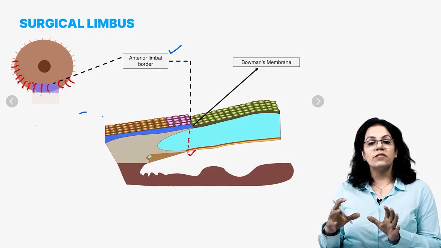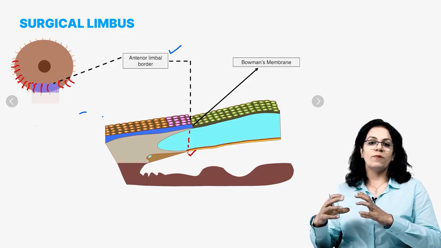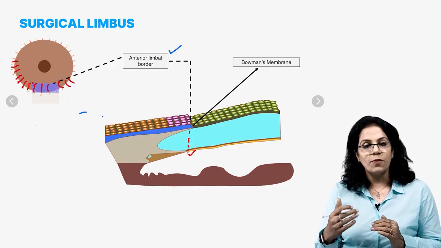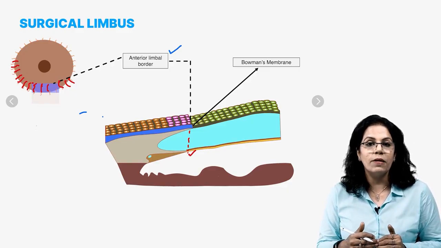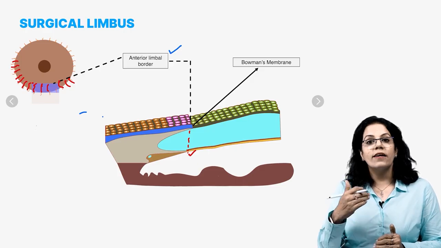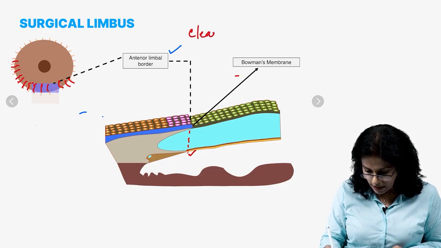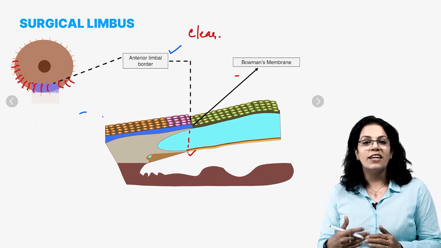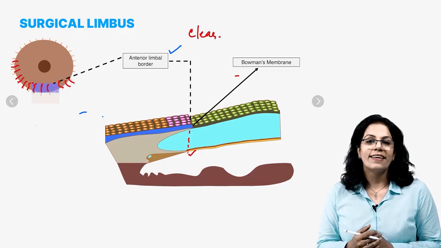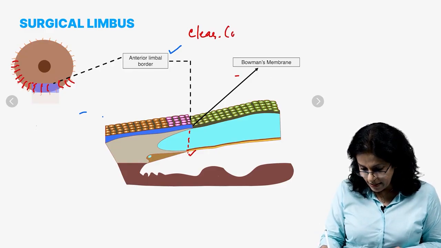Ideally, you should remember in a surgical limbus what the anterior limbal border is, what the posterior limbal border is, and what the midpoint is. We should always try to make an incision at the middle limbal, but when you are doing a clear corneal incision, after phaco, we are actually giving it near the anterior limbal, but you have to be very careful that you are not causing any Descemet's membrane detachment, right? So that is your clear corneal incision.